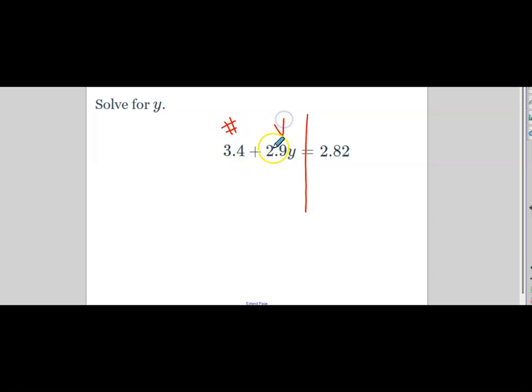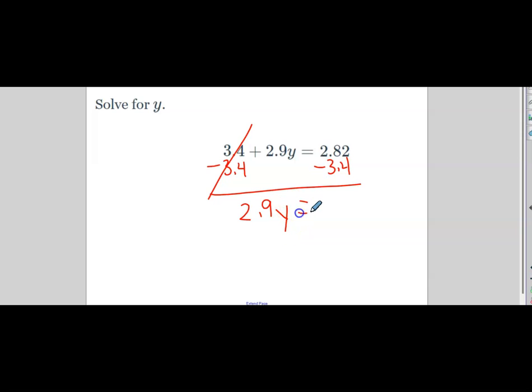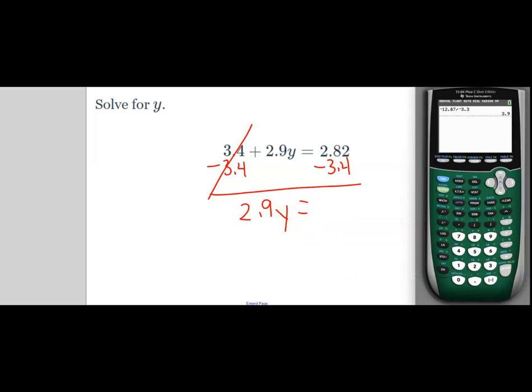This one is the variable term. This one is also a constant or number term. So this is the item we want to move to the other side. We do that by using an inverse operation. Cross off your inverses, rewrite the left side, and pick up your calculator.